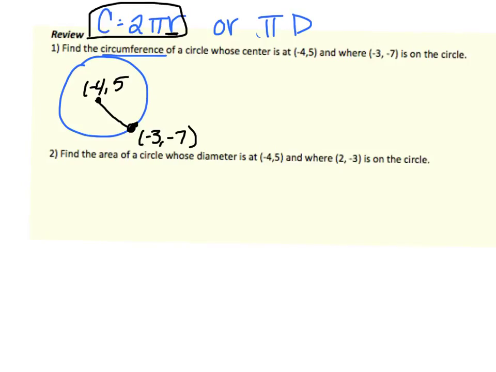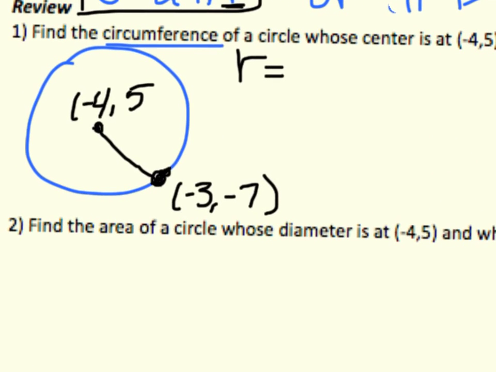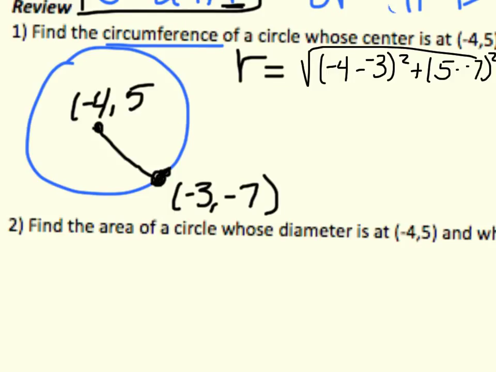Now the radius is a length, so you want to find the distance. Instead of labeling it d for distance, I'm going to label it r for the radius. I'm going to use the distance formula between the center and the point that's on the circle. So you've got (-4 minus -3) squared plus (5 minus -7) squared, and then you simplify this.